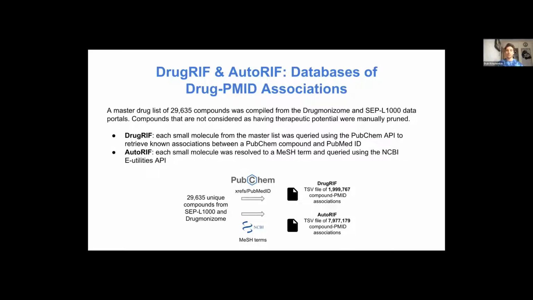And Autoriff is an automatically generated drug to PubMed ID association resource that we created by querying the PubMed API with unique drug terms. The distinction here is that Autoriff is a more comprehensive resource, albeit it may be more prone to errors because it relies on fuzzier string matching to retrieve PubMed ID associations automatically, versus DrugRiff, which is more curated, so to speak.